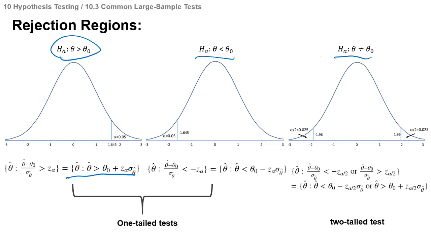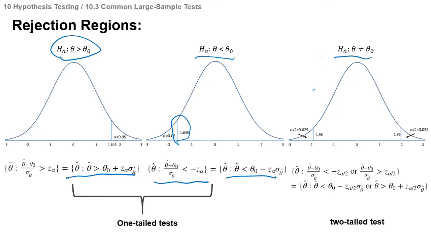Here in this situation, the rejection region can be written with minus Z alpha, so the rejection region is theta hat less than theta 0 minus Z alpha sigma theta hat.